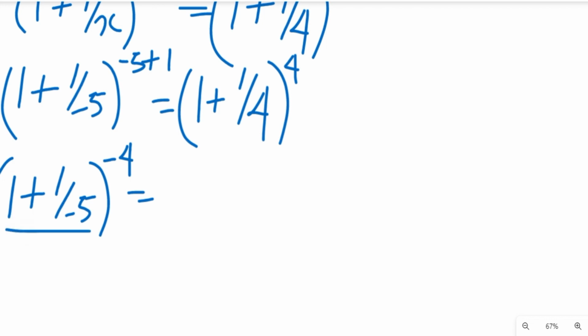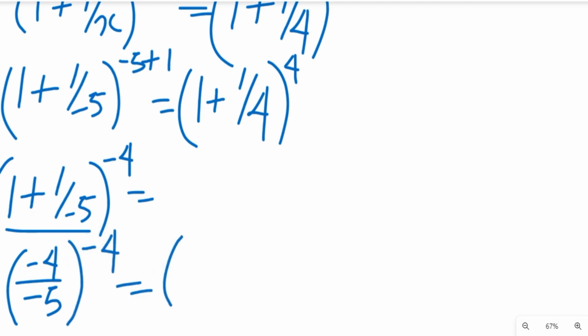We are going to have this to be equal to minus 4 divided by minus 5 to the power of minus 4, and that will be equal to 1 plus 1 divided by 5 will automatically give us 5 divided by 4, all to the power of 4.